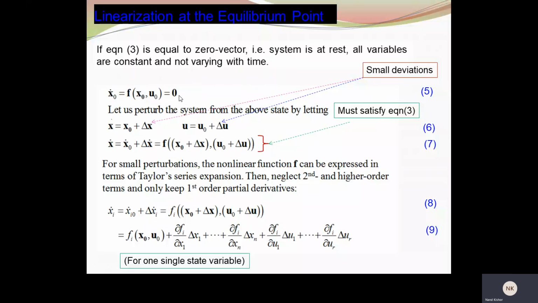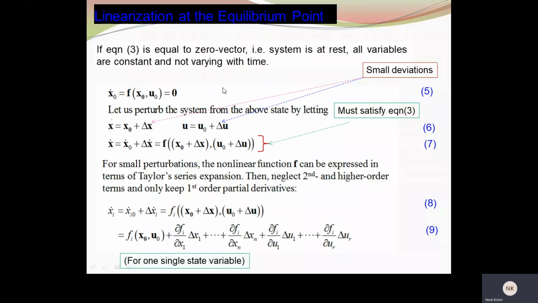Equilibrium points are those points for which the derivatives are non-varying with time, that is, the derivatives are simultaneously zero. Thus, it can be said that the system is at rest and all the variables are constant and non-time varying here.